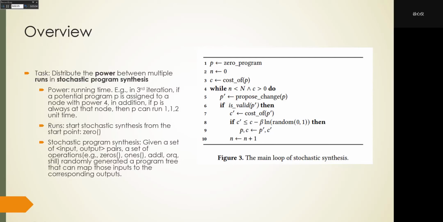So it's the overall running time, not a single phase of the search.